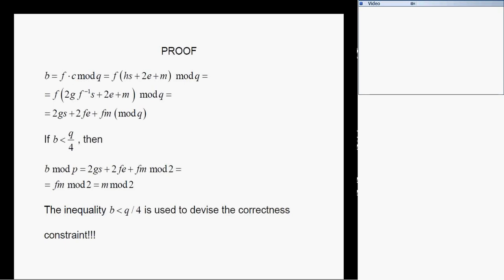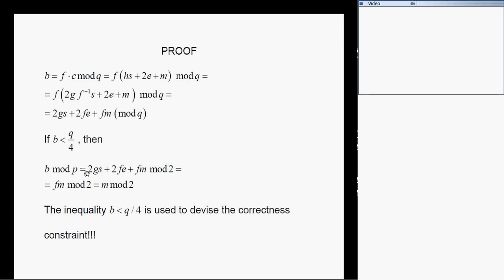Okay, the proof. The proof is very similar again to what we did for the NTRU scheme, with the only exception that in this case the ciphertext error contains one extra term, the private key polynomial f multiplied by the noise term. Everything else is exactly the same, and we understand why we had the number 2 here: when we apply the mod 2 operation, this particular term is eliminated.